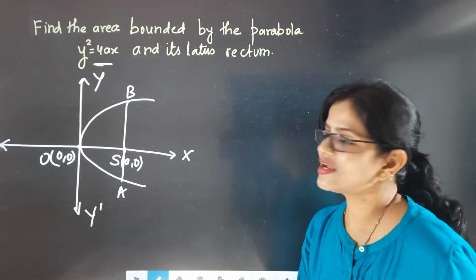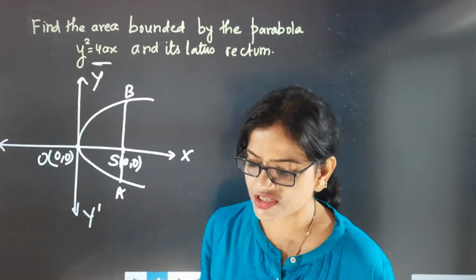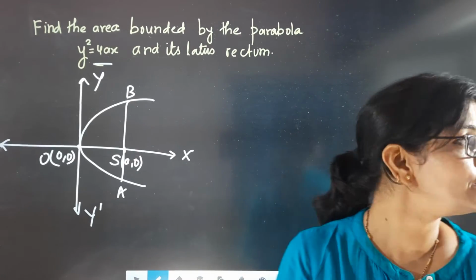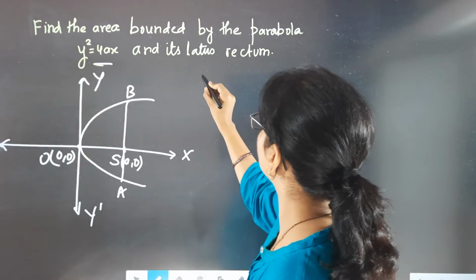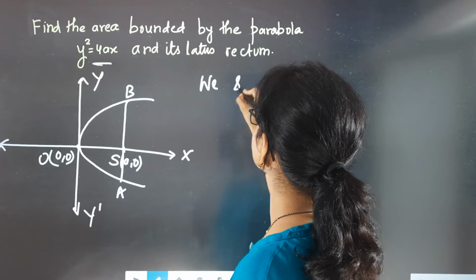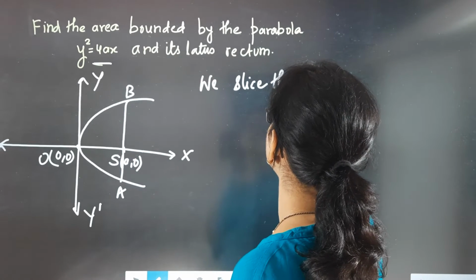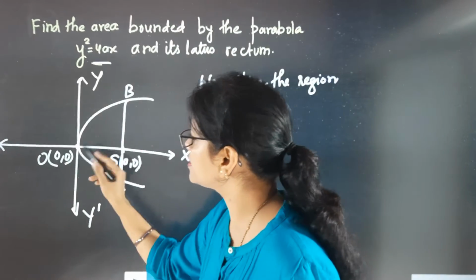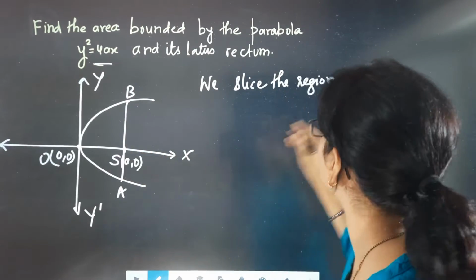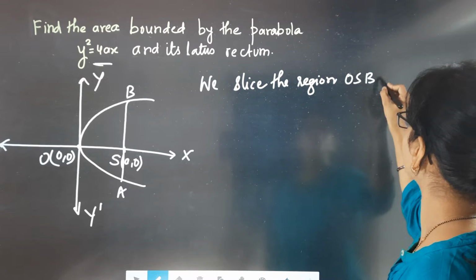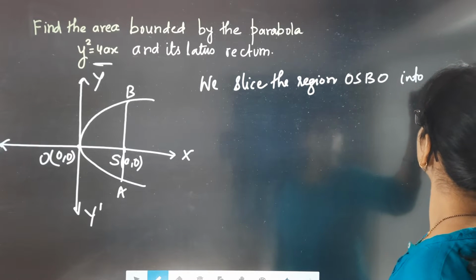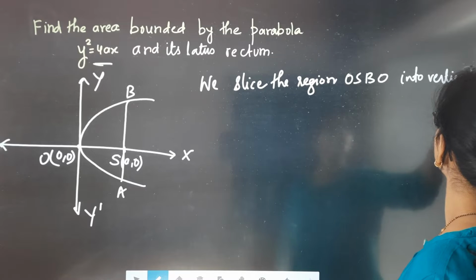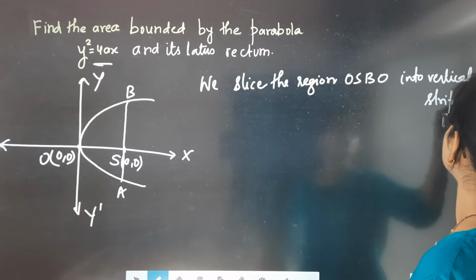So now to get the area of this region, we are going to slice it. We slice the region OSBO into vertical strips, but only one strip shall be represented.